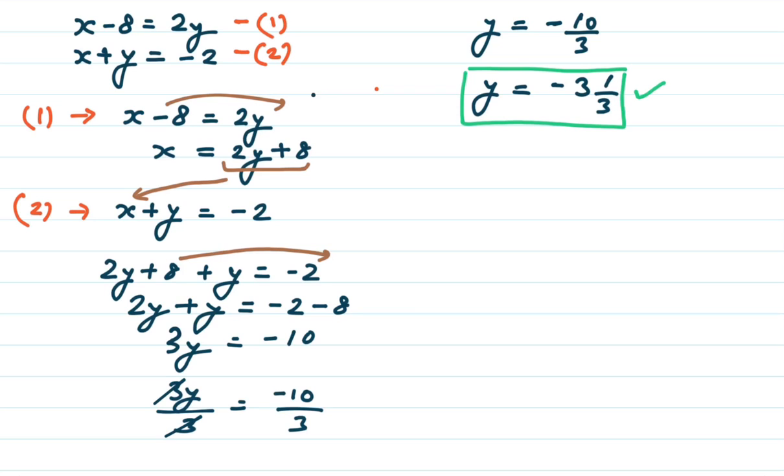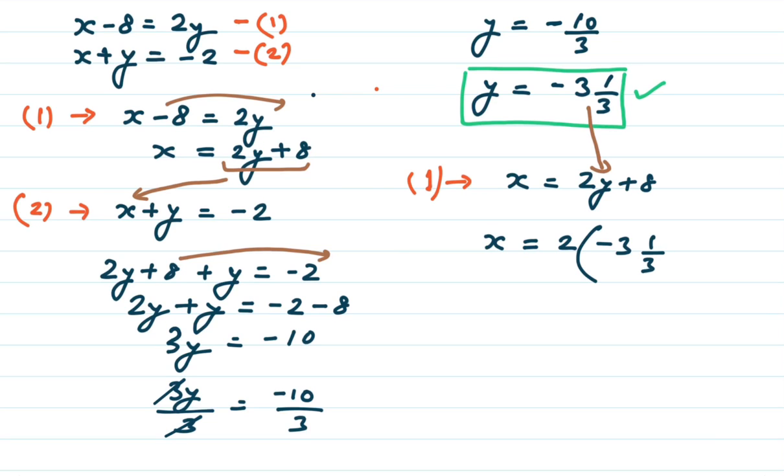Start with equation number 1, which is x is equal to 2y plus 8, and I'm going to replace the value of y which I got now here. So this is going to be x is equal to 2 times negative 3 1/3 plus 8.